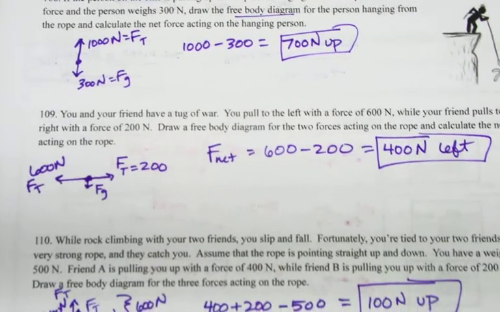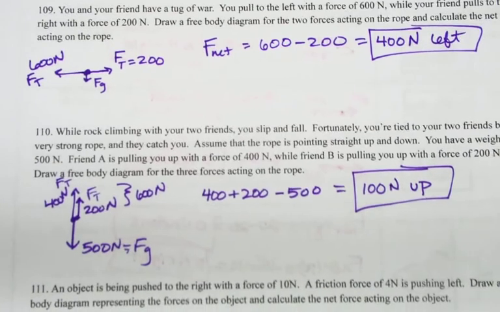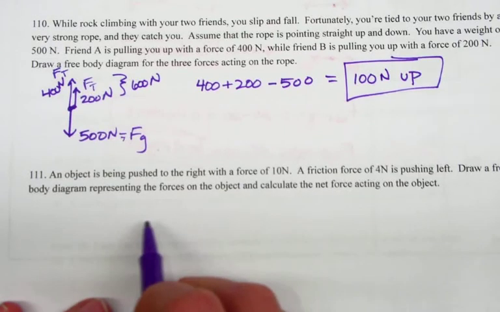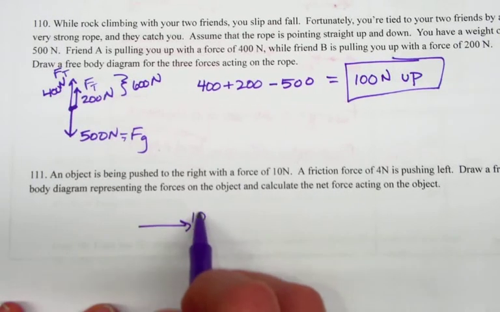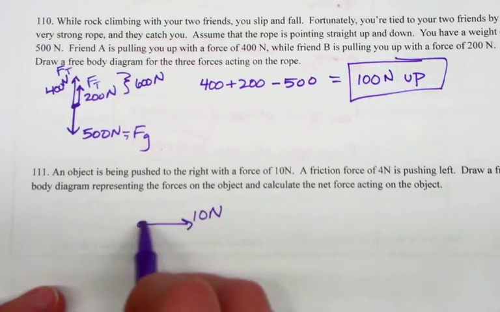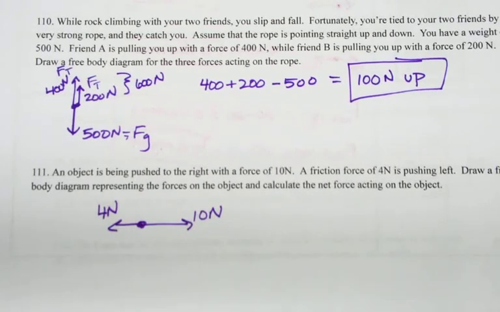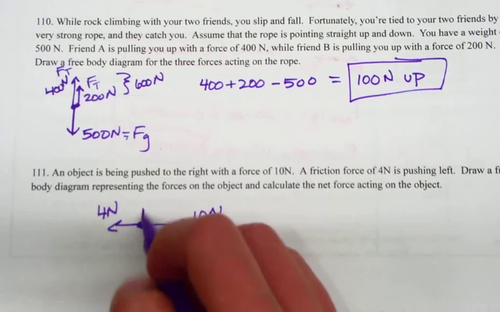And then the last one, we have an object being pushed to the right with a force of 10 newtons. A friction force is to the left with 4 newtons. And we want to draw a free body diagram and represent the force. Now technically, if you're being pushed left and right and you have friction, you must be on a surface.